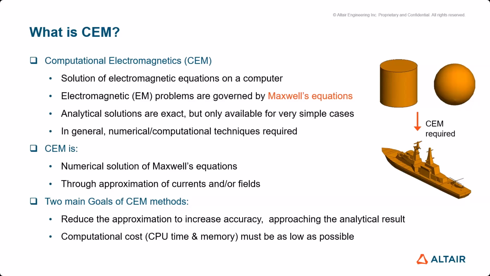When working with computational electromagnetics, we have two main goals. First is to reduce the approximation in order to increase the accuracy, and by doing so, we want to approach or reach the analytical solution result. The other goal is to make sure that the computational cost, which is the runtime and the memory, is kept as low as possible.